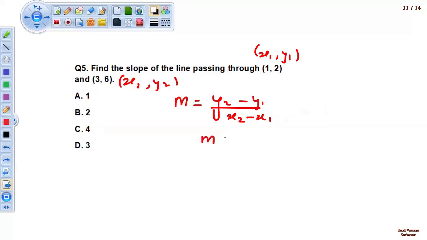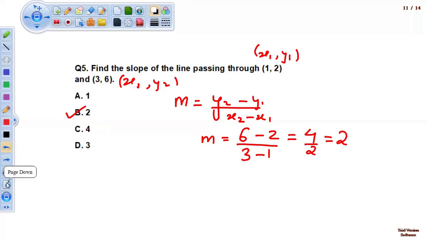So slope will be equal to y2, that is 6, minus y1, that is 2, upon x2, that is 3, minus x1, 1. So we'll get 4 upon 2, that is equal to 2. So option B will be correct.